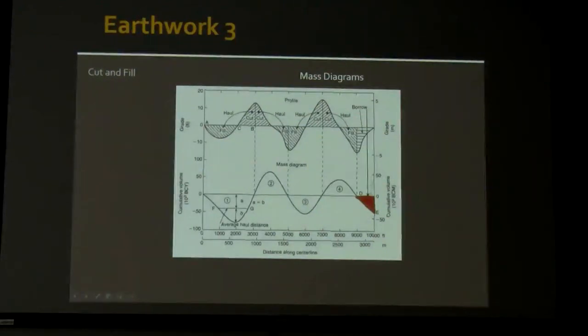So again, here we are, it's a borrow project, shown by the red. Fill, cut, fill, cut, fill. And we have a shortage of cut materials, so we'll have to go to borrow and have a borrow project.